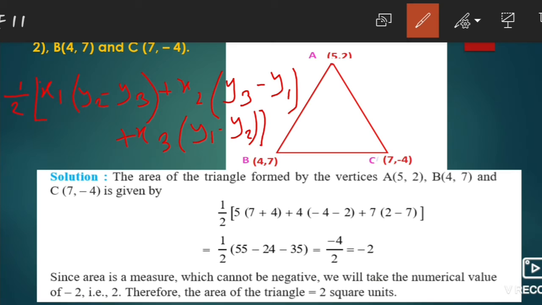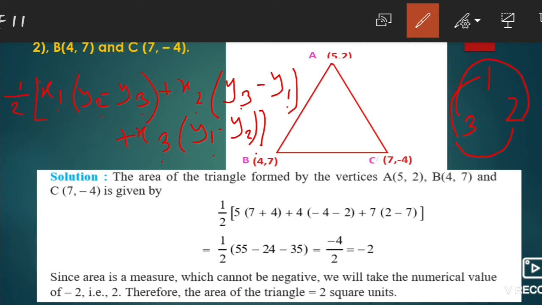You can see here 1 2 3, 2 3 1, 3 1 2, that means circularly.